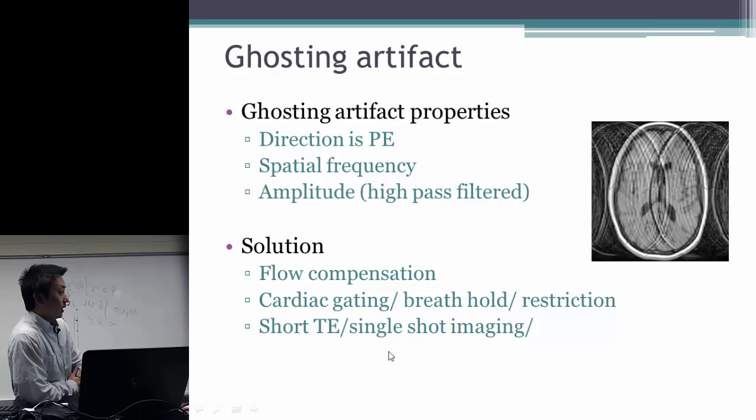And a very effective method to do this is to use single-shot imaging, like EPI or single-shot turbo spin echo, because we collect the whole image within a few hundred microseconds. Then you can avoid motion induced phase inconsistency in the whole K-space.